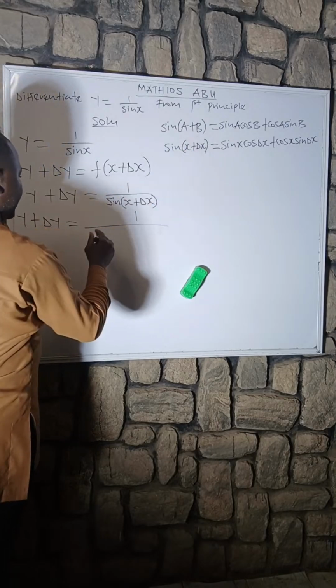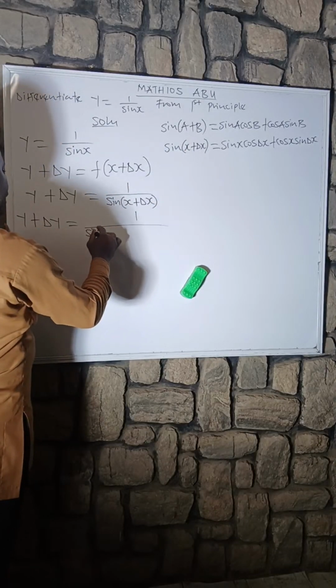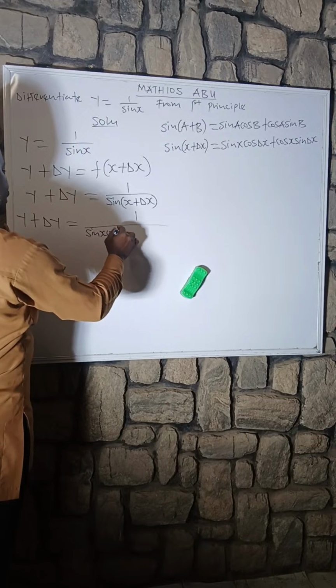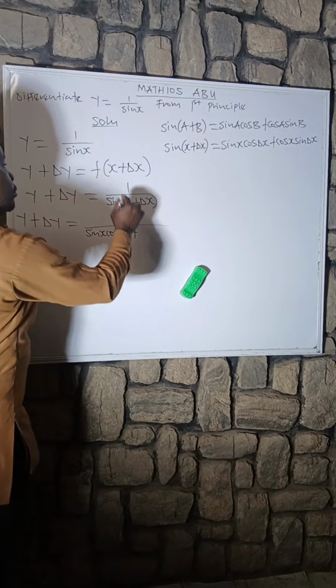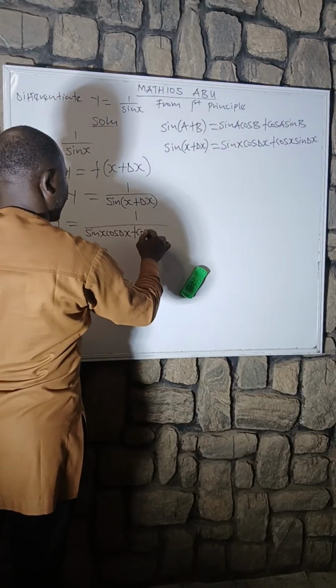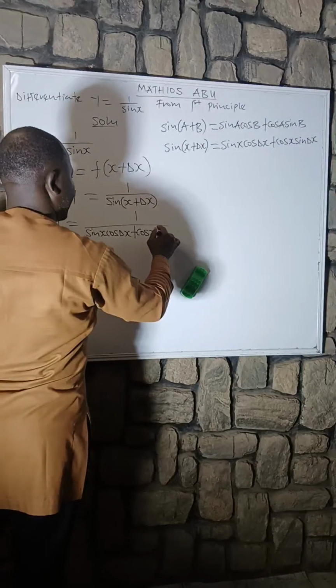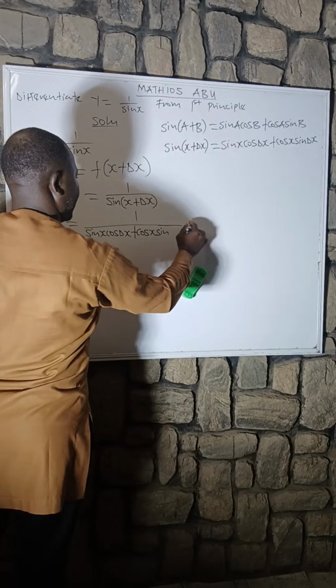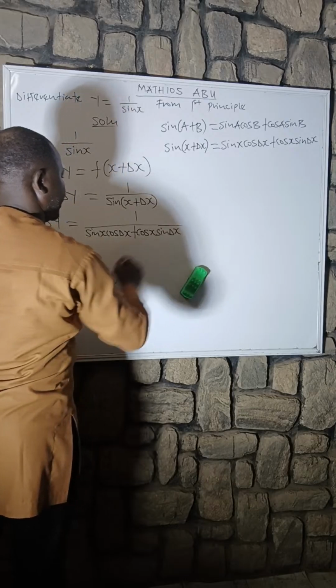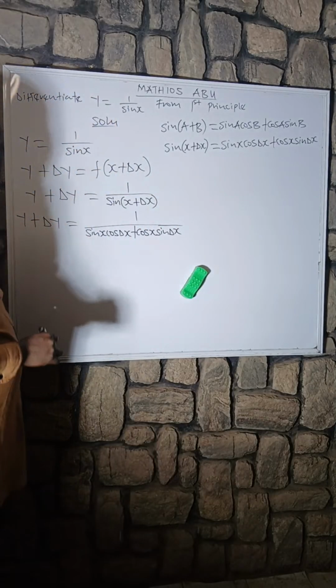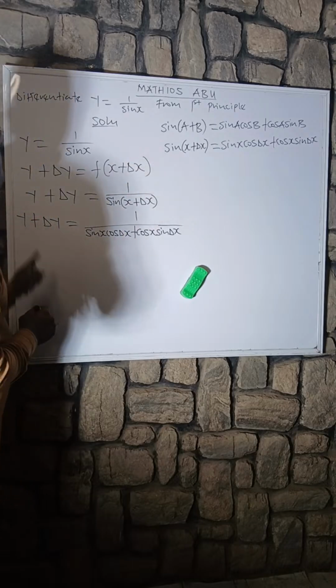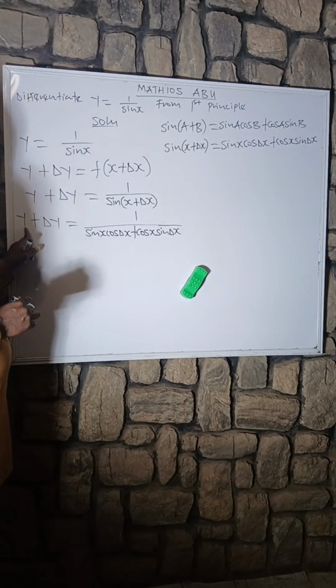instead of this we write sine x cos dx, amen, plus cos x sine dx. Then, what are we going to do? We have to subtract y from both sides.